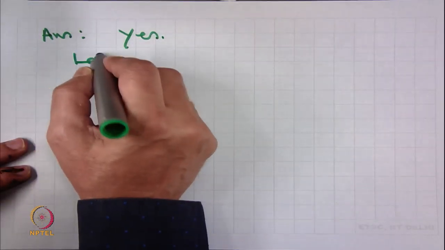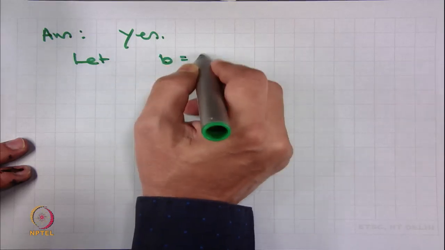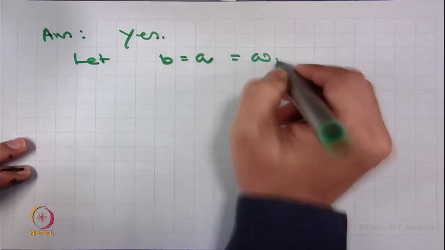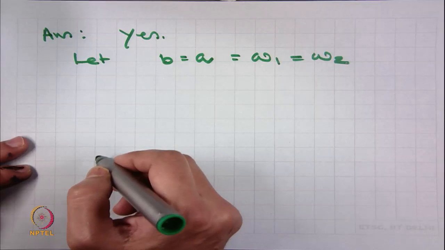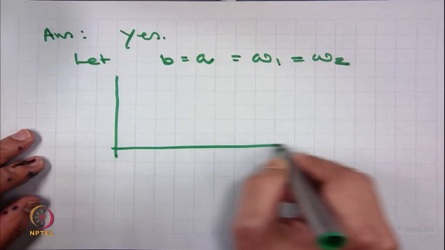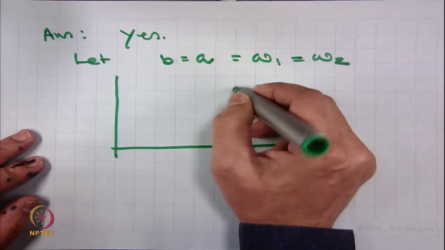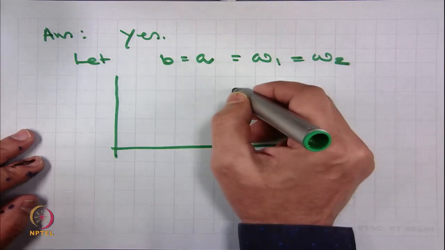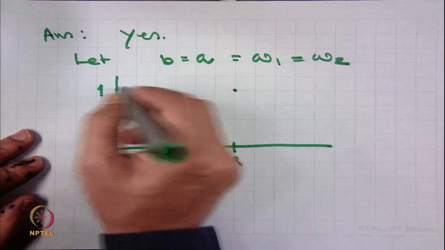Let b equal to a equal to W1 equal to W2. Therefore, what we are getting, if this is a, then in the closed interval a to b, which is nothing but the singleton a, the value is 1.